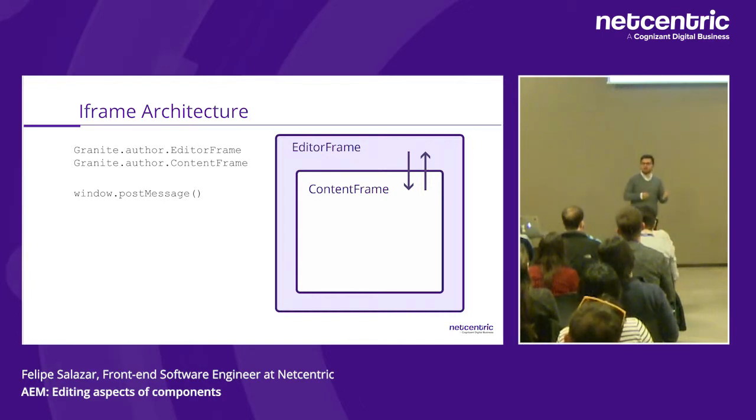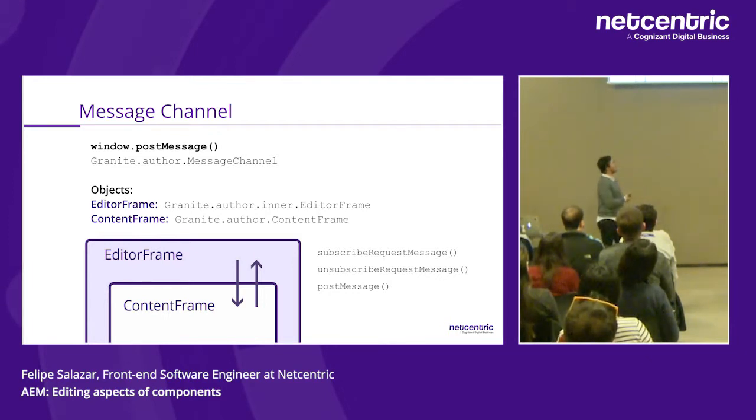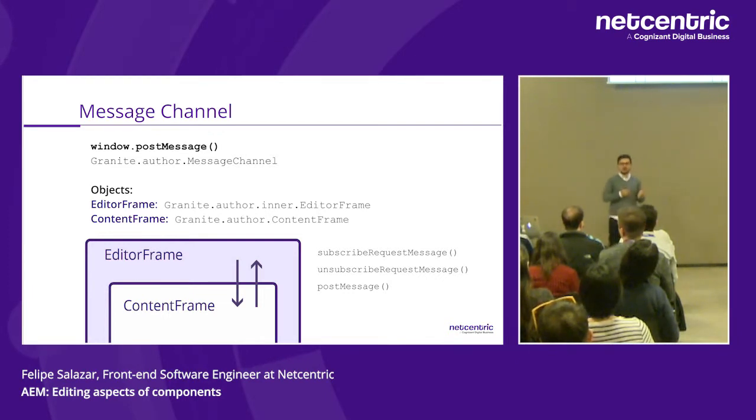Okay, so AEM uses the post message method to do this, but they do it in a fancier way, let's say. So there is a message channel implemented by AEM, which is basically a class with a little helpers using this post message method to communicate, to either send or receive messages from one frame to another.